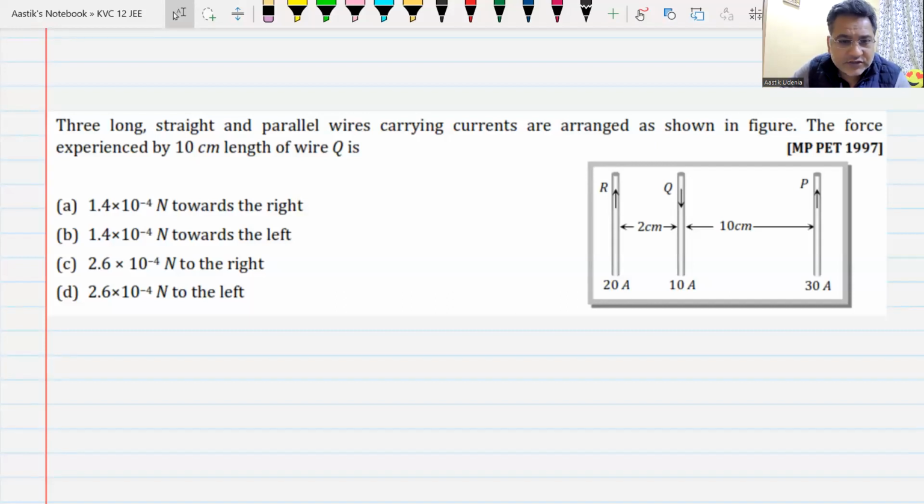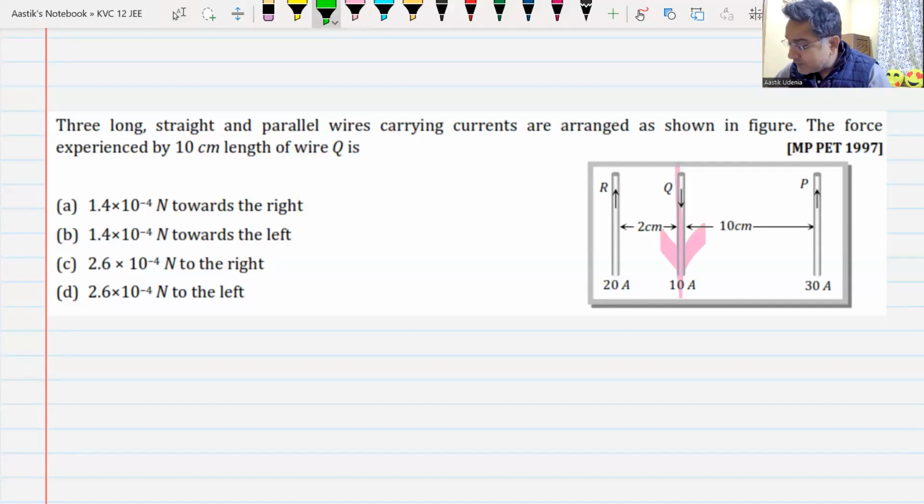You have three long straight wires. The force experienced by 10 centimeter length of wire Q. I'll give you a minute to give me the answer for this one. So how are we supposed to do this? We have to find the force on the pink wire. The pink wire carries current in the downward direction.